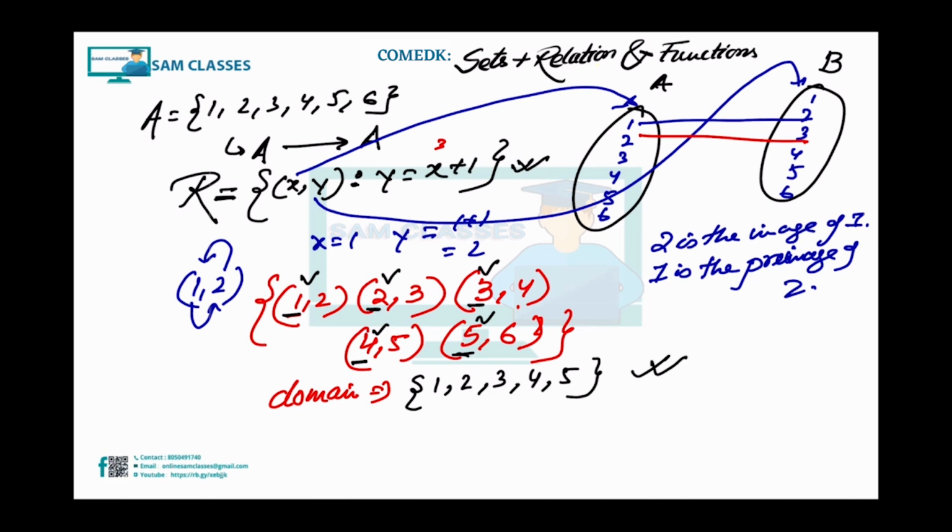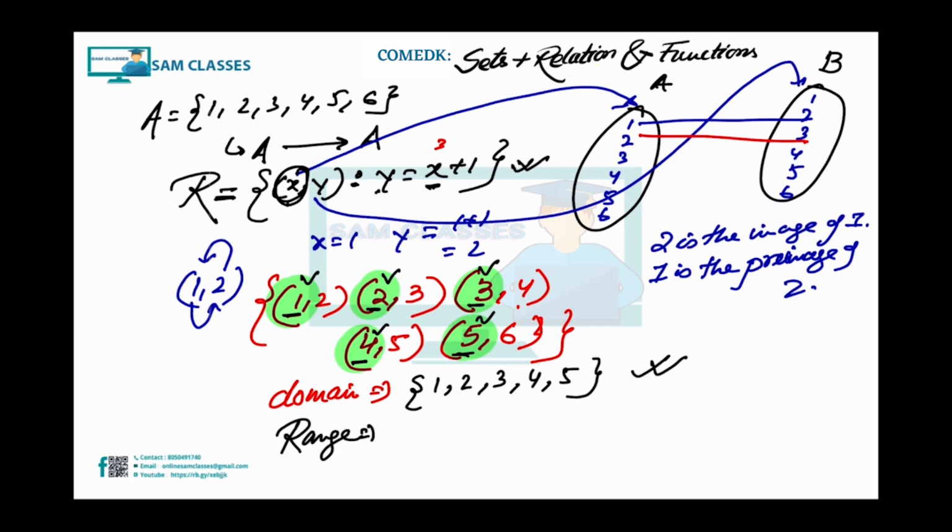So we got the domain. Students, very simple. Domain is nothing but the first elements, in a Cartesian product the first elements are the domain. Or we also sometimes see it as input, the one we are putting in. When you put x, we get y. So the first element x is the domain part. Now what about the range?